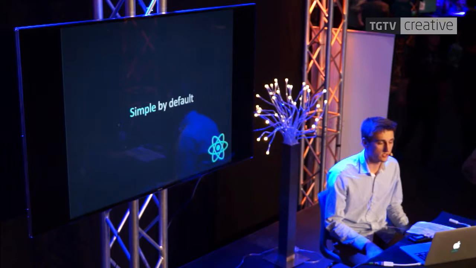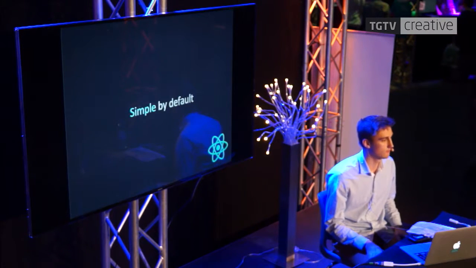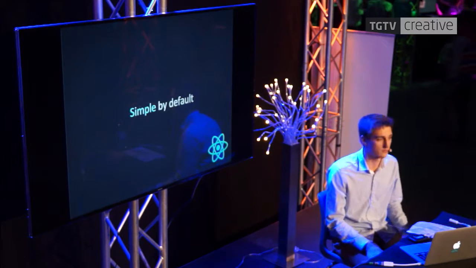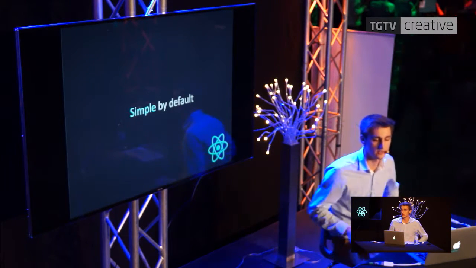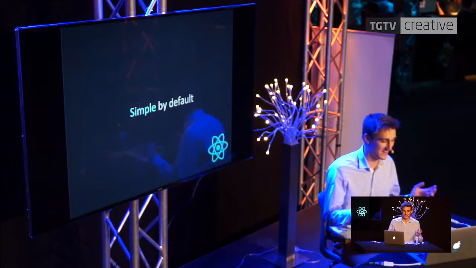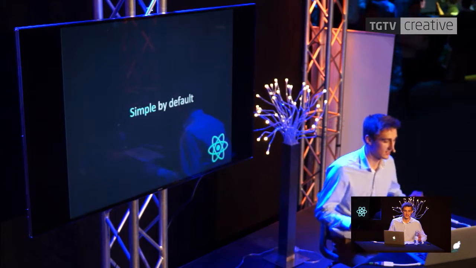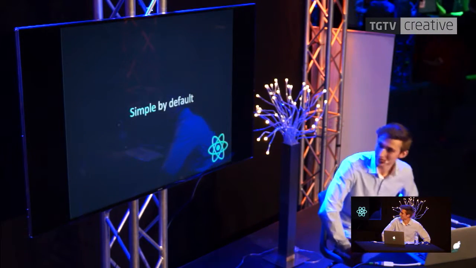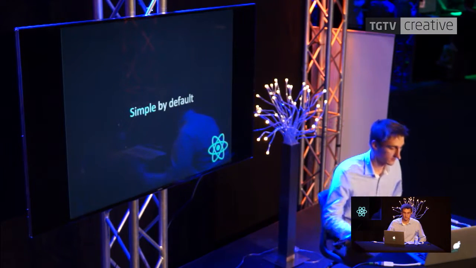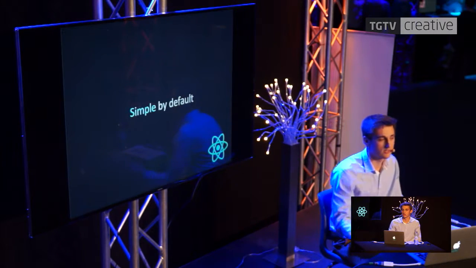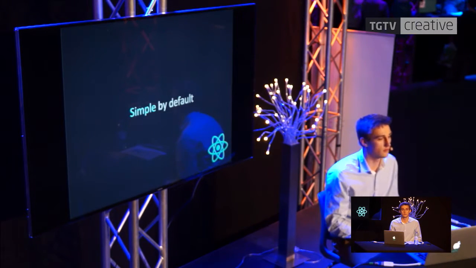I'm going to show you a feature later called JSX, which is primarily just JS embedded in HTML. I'll show you later what that means. By default, it means that you can express your UI very easily.